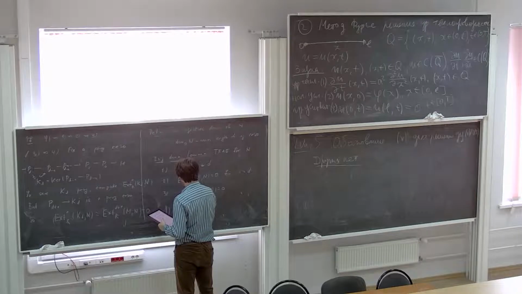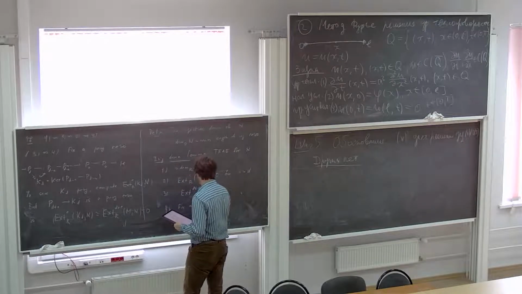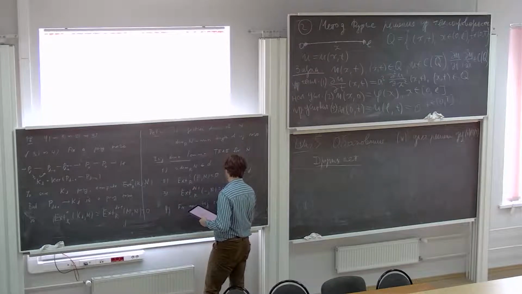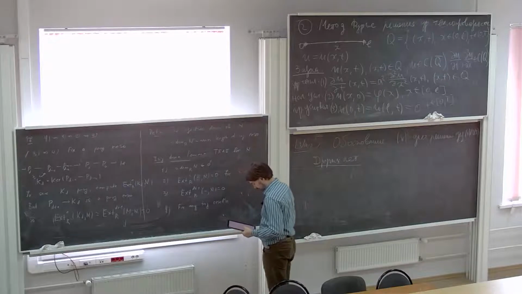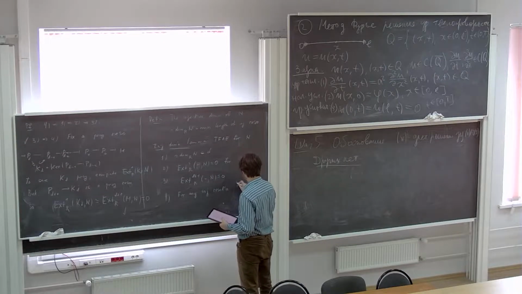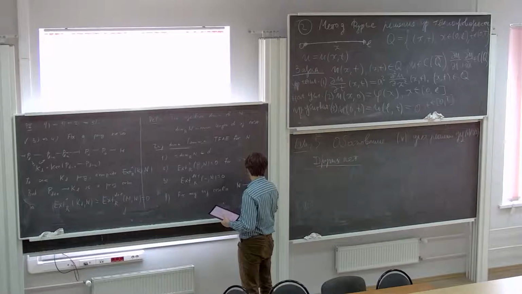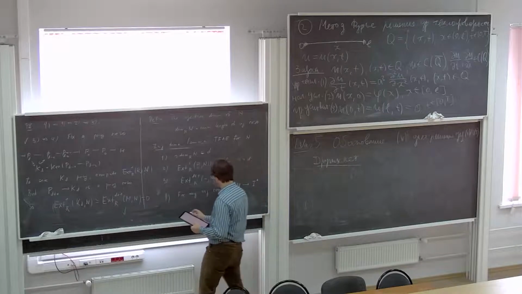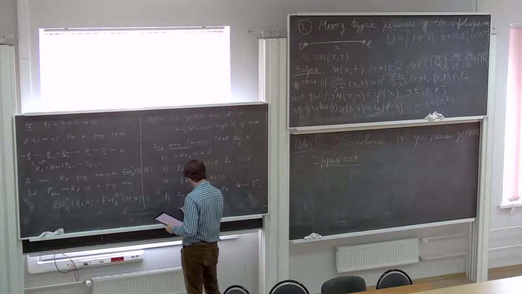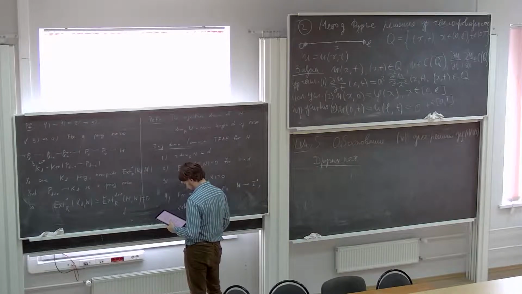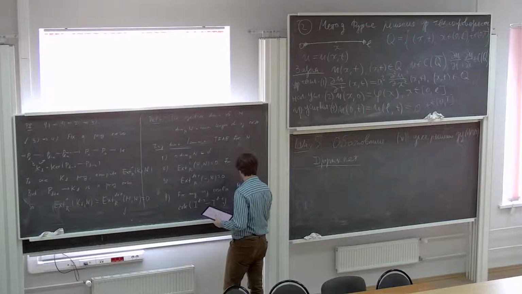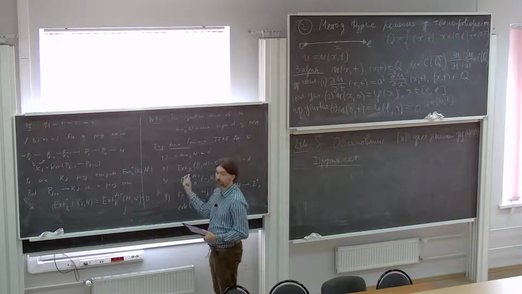And for any injective resolution, let me write it as n maps to I upper dot, the cokernel is injective. So this is really a lot like what we just proved.